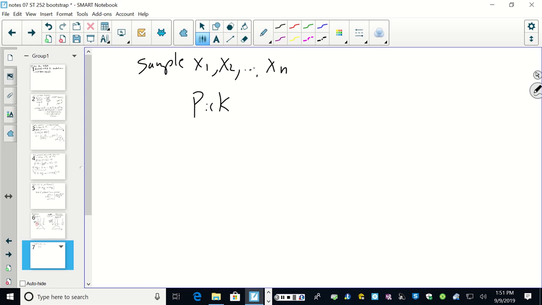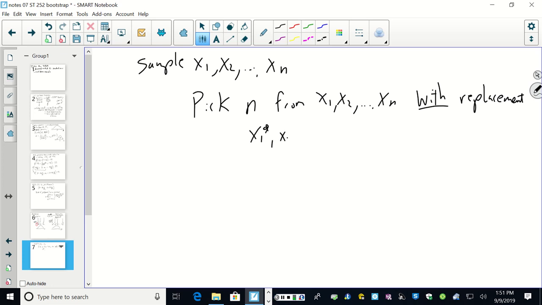We're going to pick n times from our sample with replacement. And those n values we pick, we're going to call x1 star, x2 star, up to xn star. Right? That's our bootstrap sample.